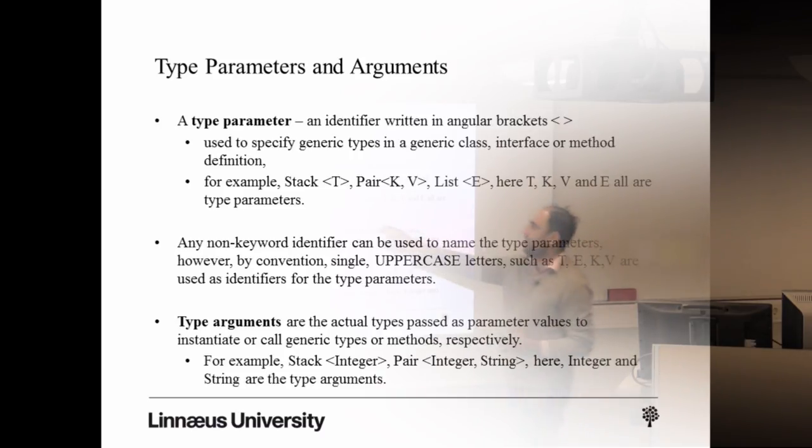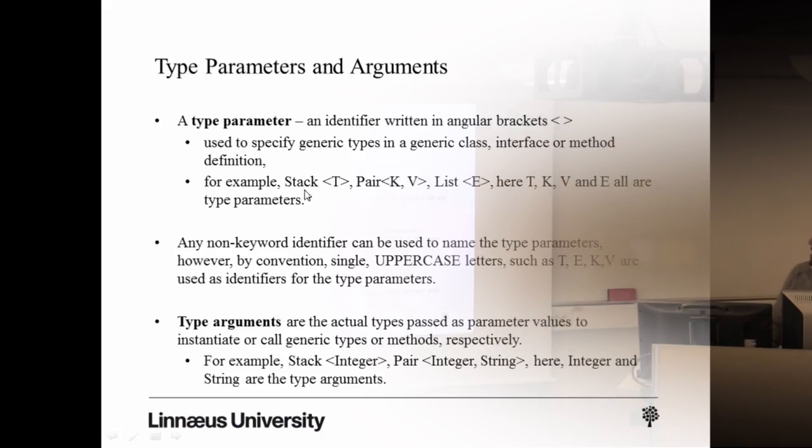The general convention is that the type parameter should always be a single letter and in capitals. But even if you use more than one letter or lowercase, there will be no syntax error. But this will be against the standard conventions used in Java. So it's always recommended that for the type parameter, you use a single letter, and that letter should be in capitals.